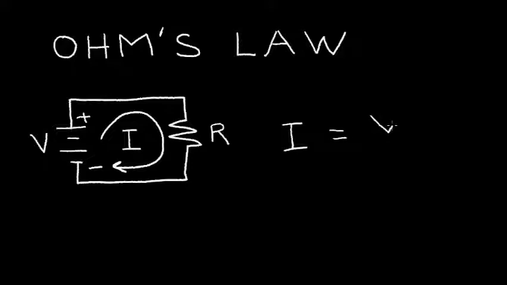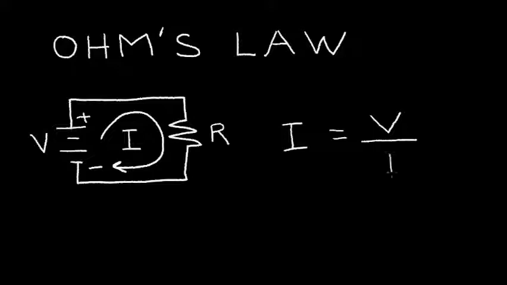So voltage goes in the numerator, which means as voltage increases, current also increases. But as resistance increases, we have more resistance to current flow. So as resistance increases, the current decreases. So there's an inverse relationship between resistance and current.